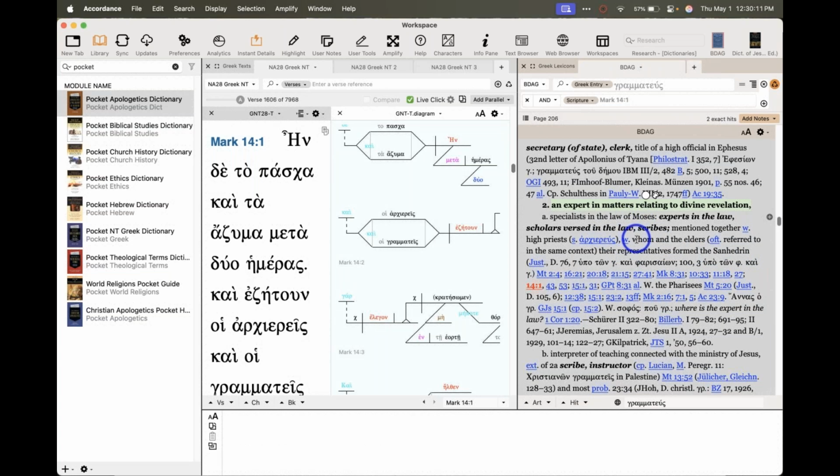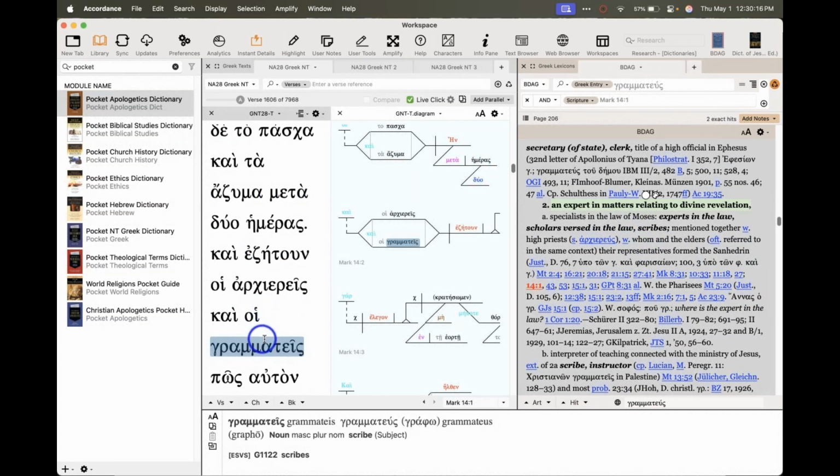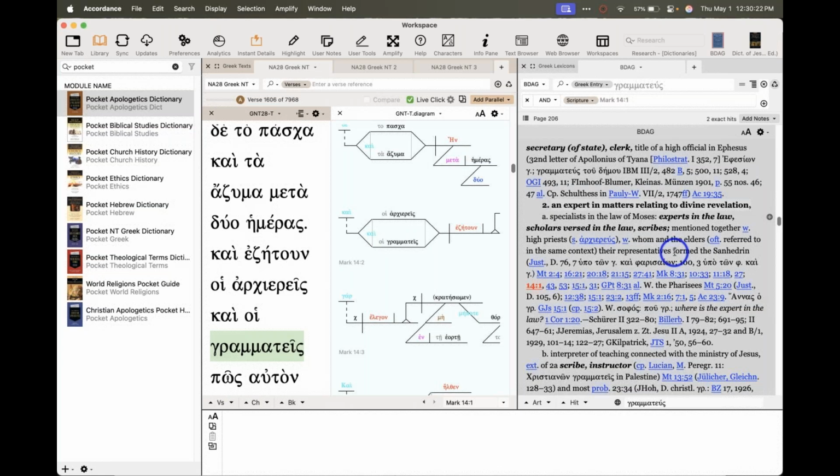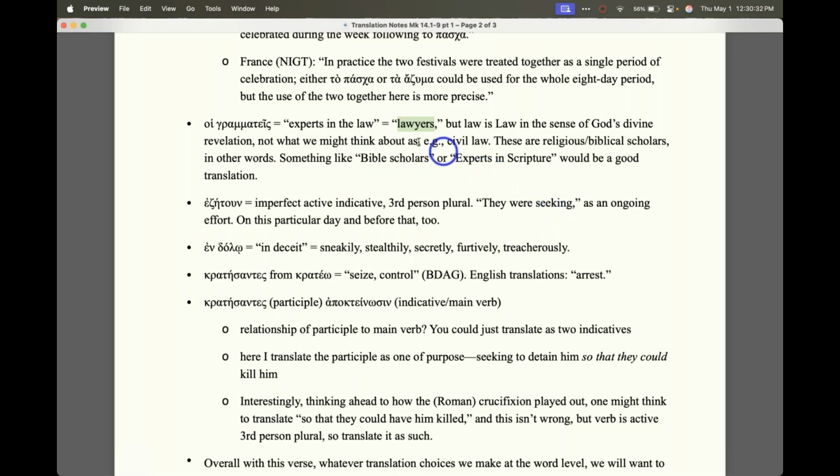BDAG has more on this, and you could also go back now, which we've done from time to time, and even see how Mark uses this. You could do your own kind of lexical entry by answering the question, what are these people doing in Mark? That might help you get more at how you would translate it, how you would name it.